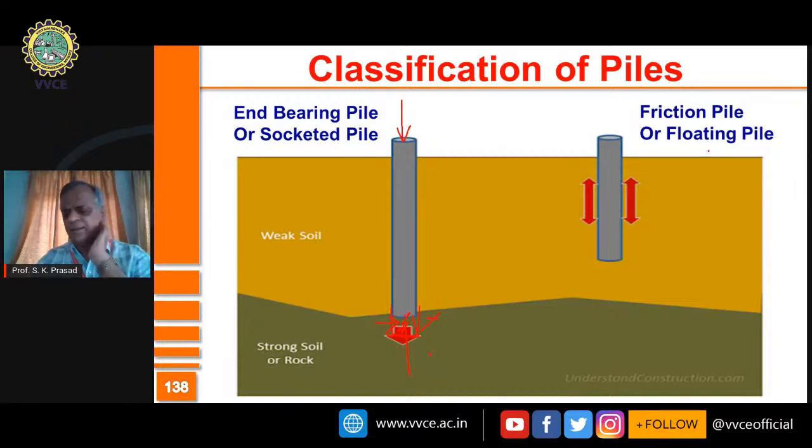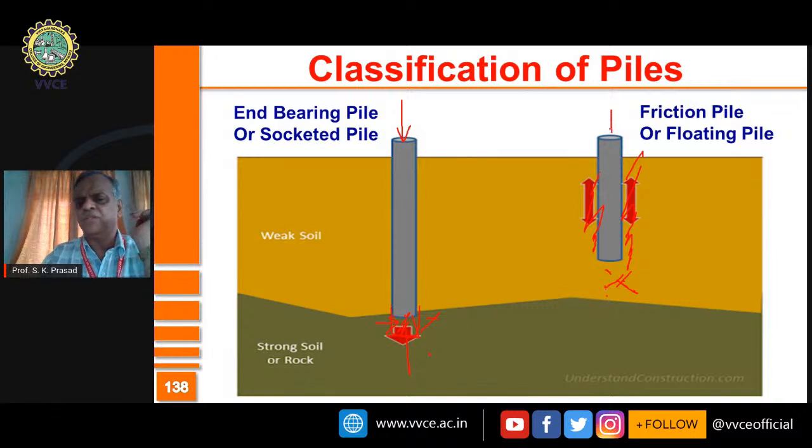On the other hand, the other extreme case is when you put the pile foundation to take the load mainly near the sides here, mainly near the sides here. So at the tip, at the end, it is not going to take any load.